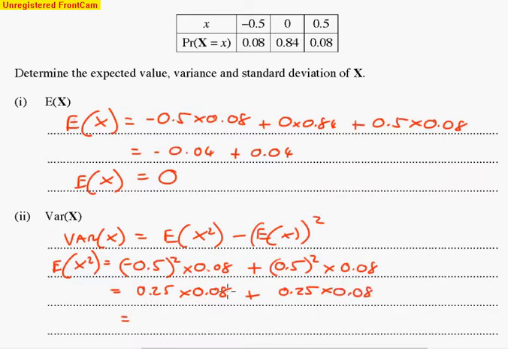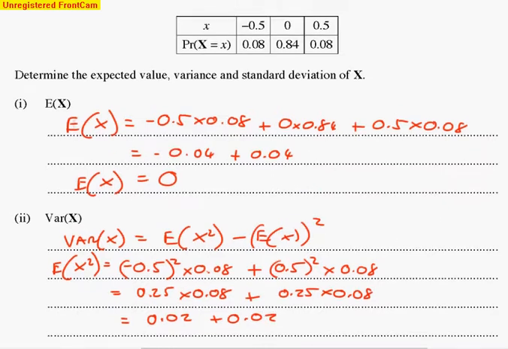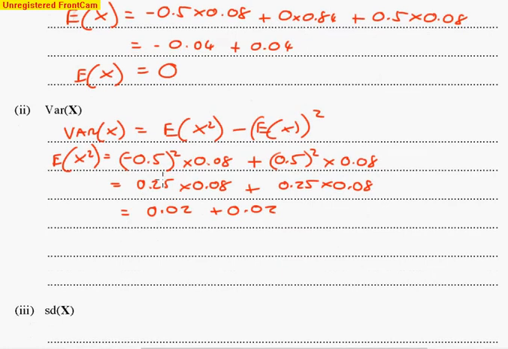Now a quarter of 0.08 will be 0.02 plus 0.02. You could multiply that out if you weren't so comfortable changing your decimal into fractions. Whichever way, you get that, and you add those together, and you get 0.04.